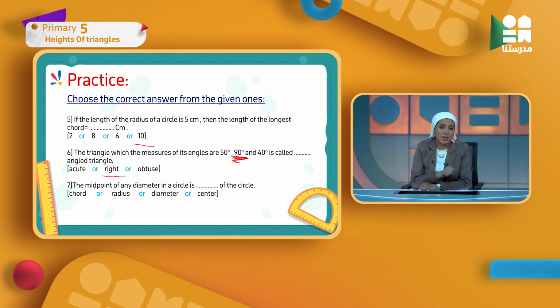So the point that our diameter passes by is called the chord or radius or diameter or center of the circle. Of course, it is the center of our circle. So the midpoint, remember, the point in the middle of the circle that any diameter passes by is called the center of the circle.